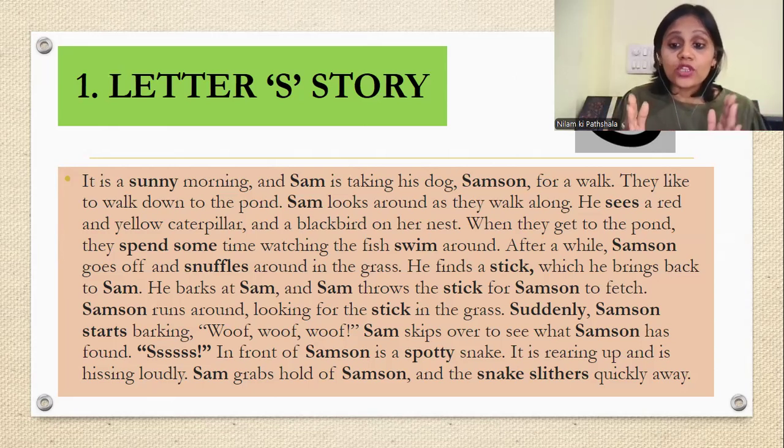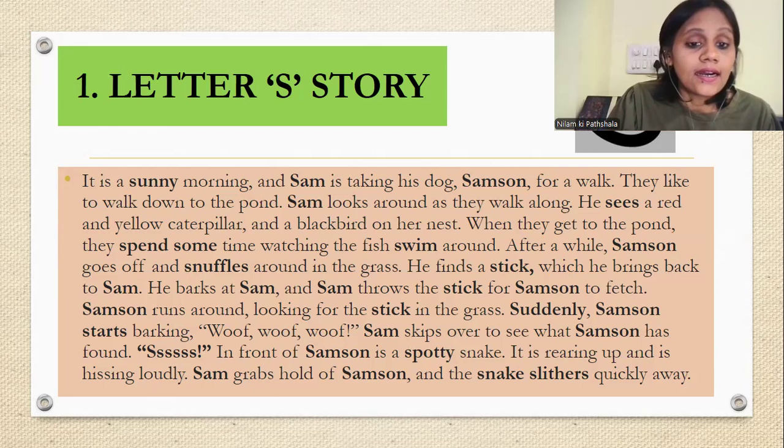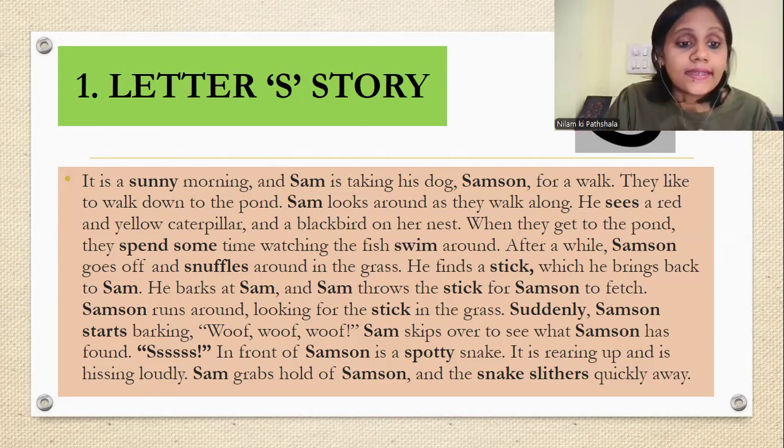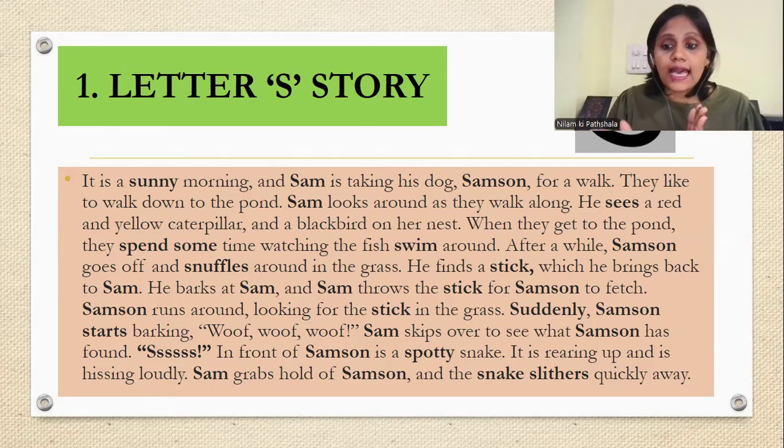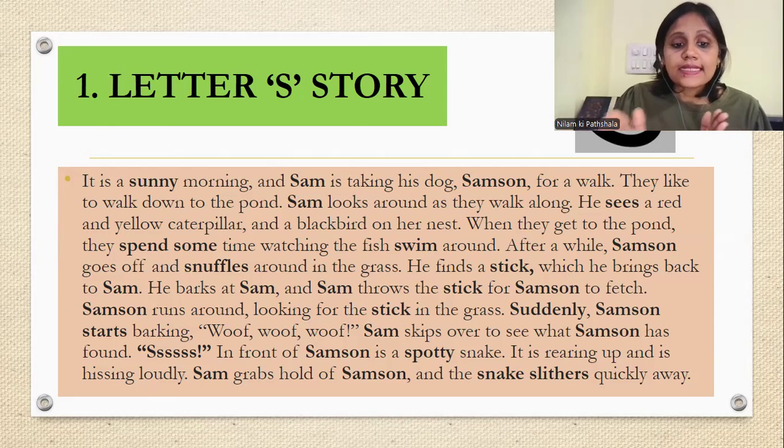So this is the way you are going to tell the story. And you can see over here that all the letter S words are highlighted. For example, Sunny, Sam, Samson, Sam, sees, swim, snuffle, suddenly, start, spotty, snake, slither.